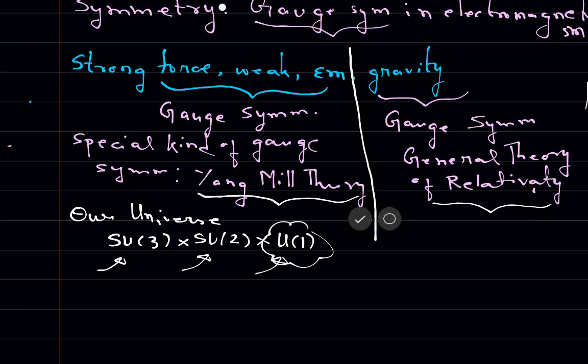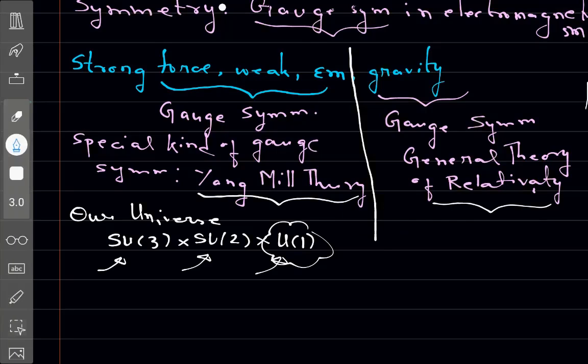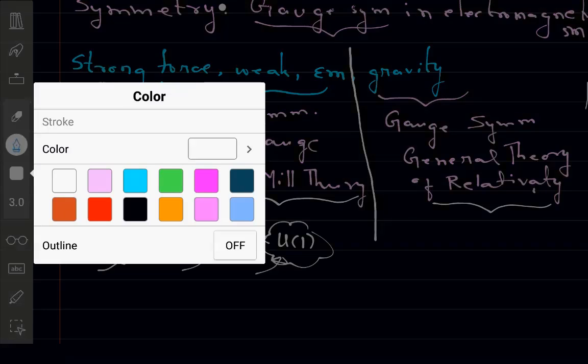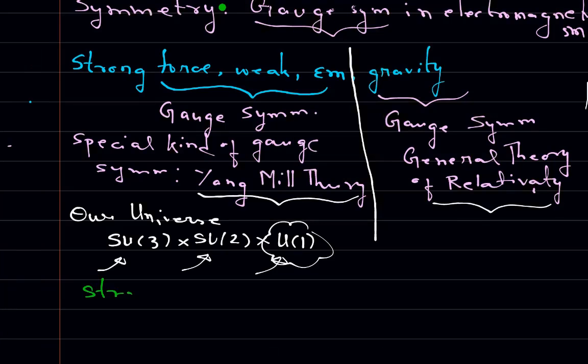We discussed that in short, and we will do this in more detail later on. Some more interesting information is that the theory we study for strong interaction nowadays is called QCD, quantum chromodynamics.